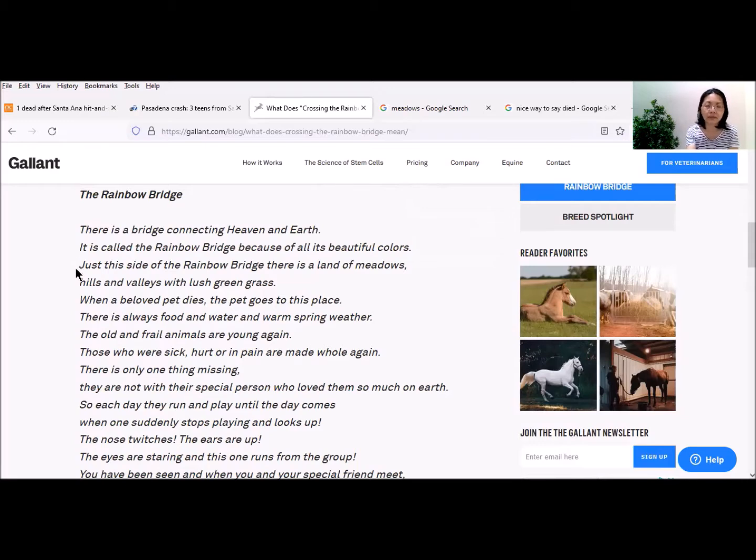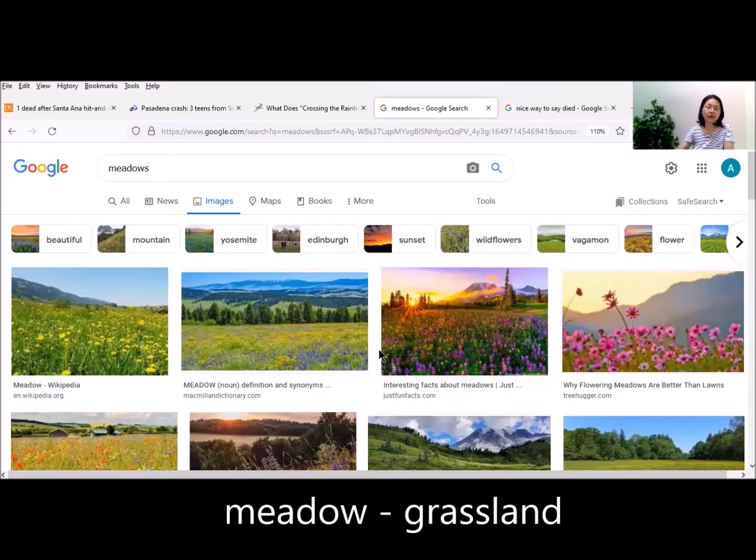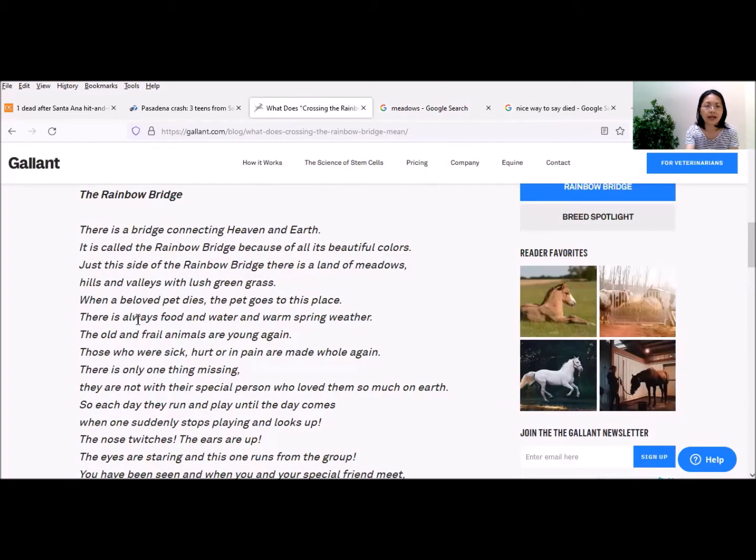Just this side of the Rainbow Bridge, there is a land of meadows, hills, and valleys with lush green grass. A meadow is something like this, a field with lush green grass and sometimes with flowers as well. And when a beloved pet dies, the pet goes to this place.